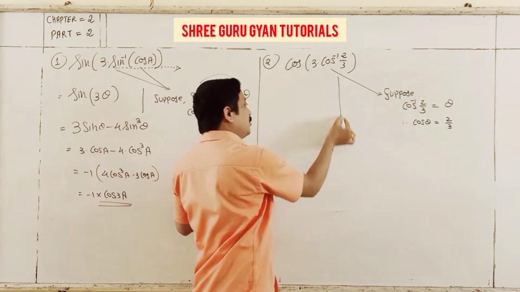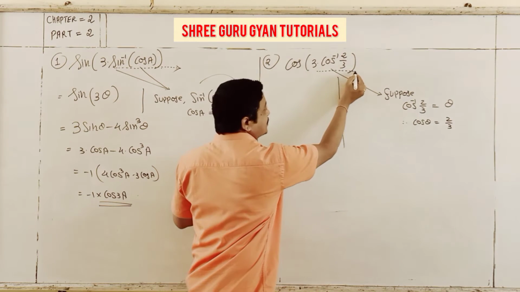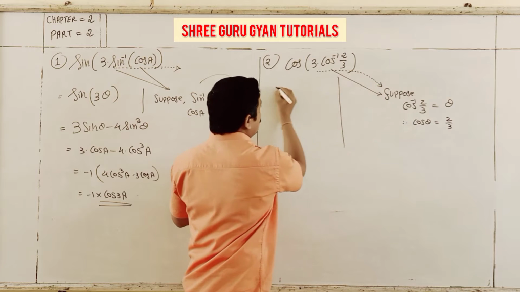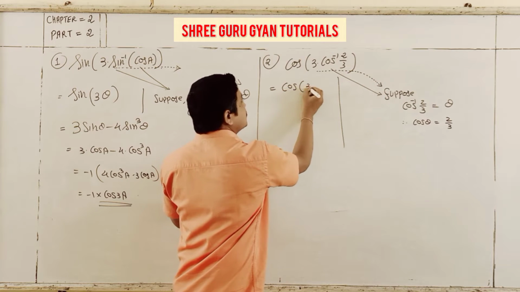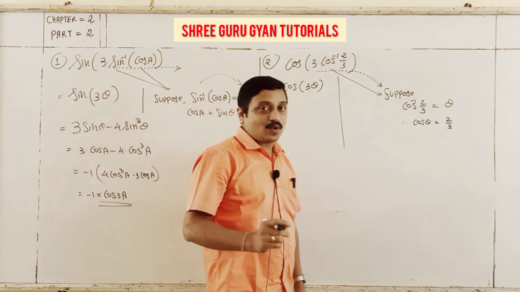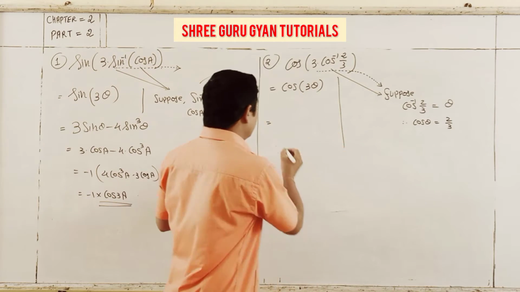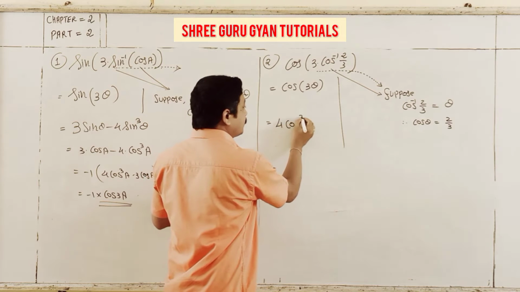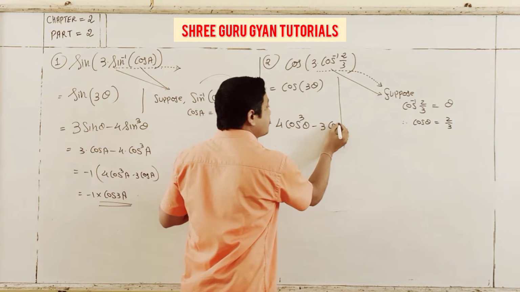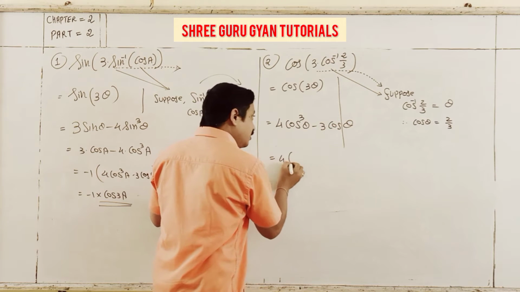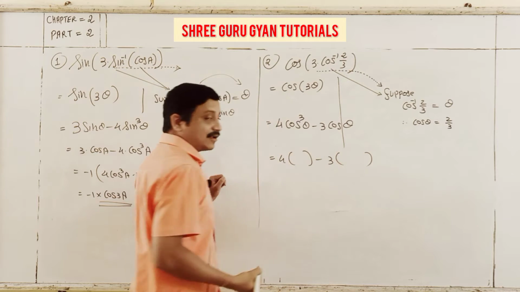Here I just operate my data. This is your theta assumption. So cos 3 theta, and the cos 3 theta formula we know: 4 cos cube theta minus 3 cos theta, and putting down their values respectively.